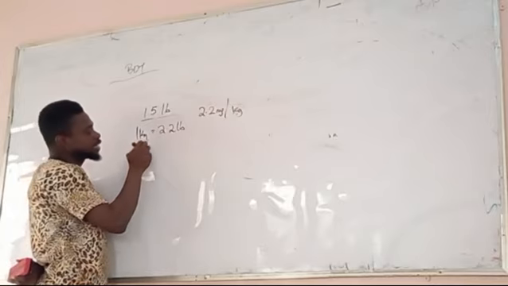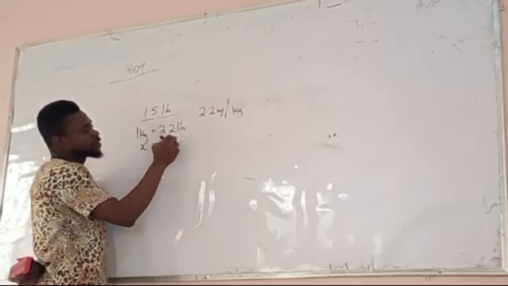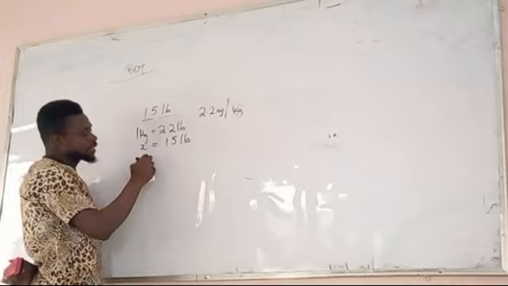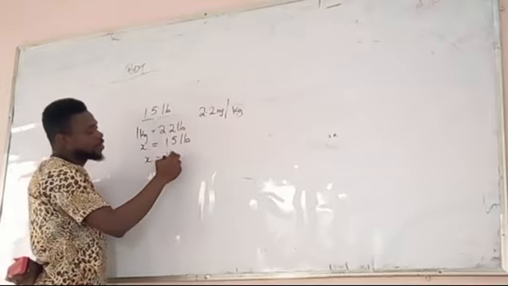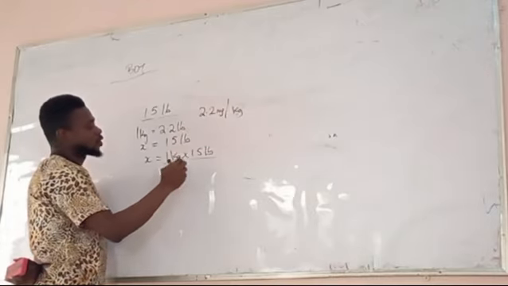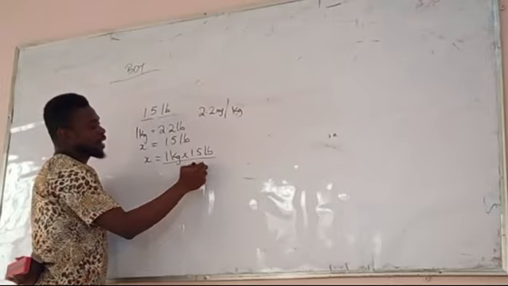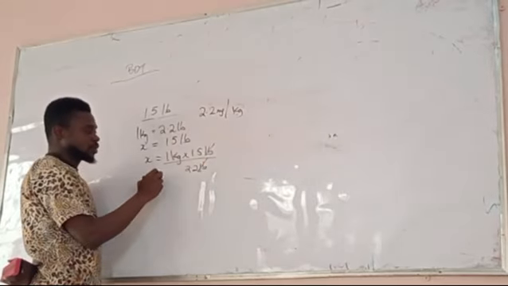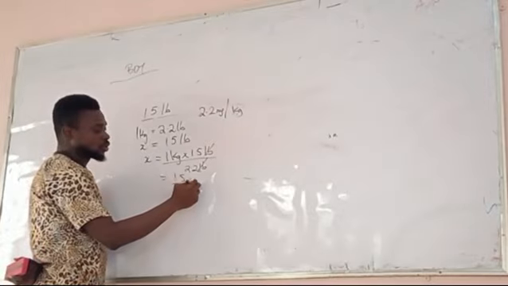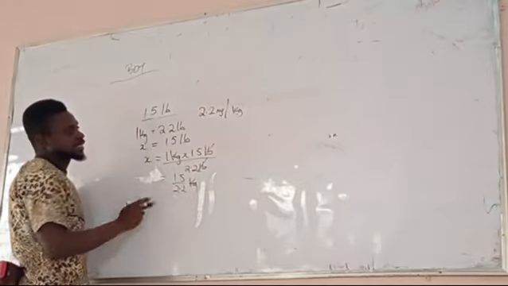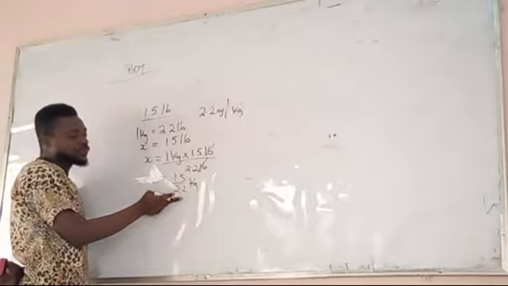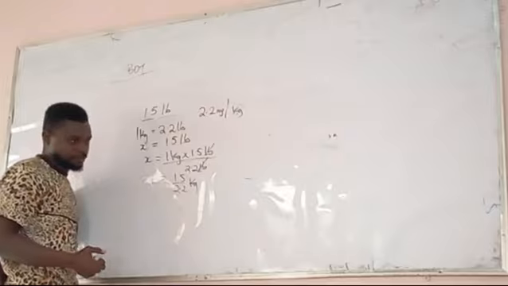We don't know, so we call it X. We cross multiply. So X becomes 1 kilogram times 15 pounds all over 2.2 pounds. Pounds cancel pounds. So we have 15 over 2.2 kilograms. So this 15 pounds is equivalent to 15 over 2.2 kilograms.